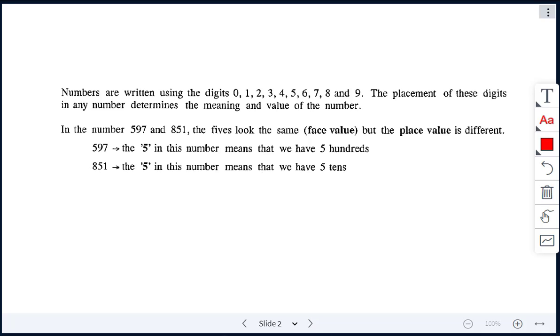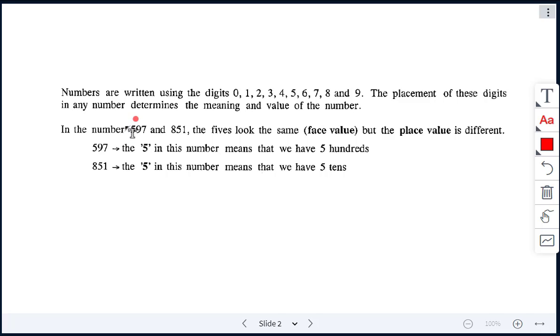All right, so written numbers are written using the digits, so 0 to 9, but it's the placement of these digits in any number that determines the meaning and the value of that number. So, for example, if we're looking at these two numbers, 597 and 851, and we look at the place value of the 5.